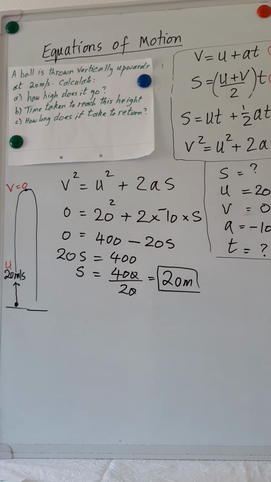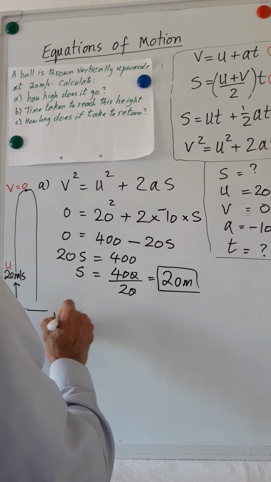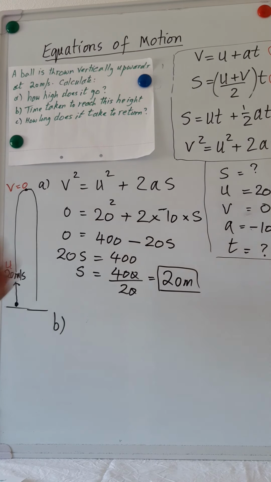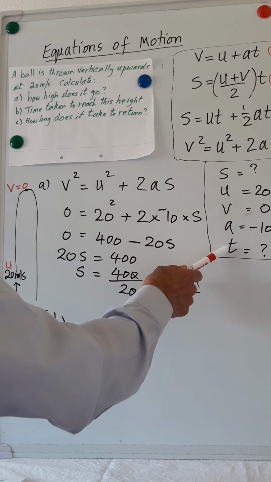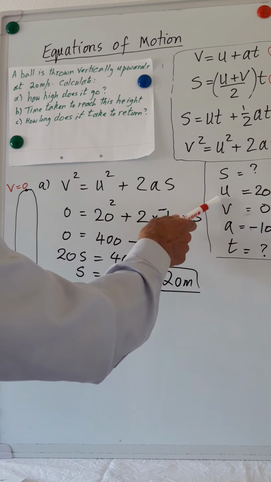Okay, now part B, this is part A. Now part B is the time taken to reach this height. So we need to find the time t. We know a, we know v, we know u.